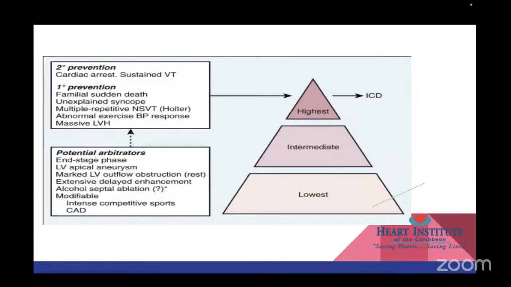But when you look at the profile of the gradient, you see a late peaking systolic flow, which is different from the distribution of aortic stenosis. So that is something that needs to be highlighted for our colleagues and for our staff when we look at hypertrophic cardiomyopathy.